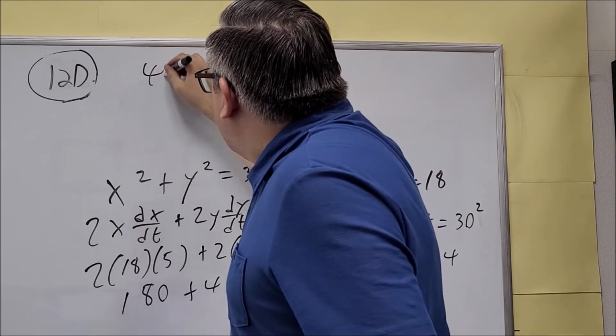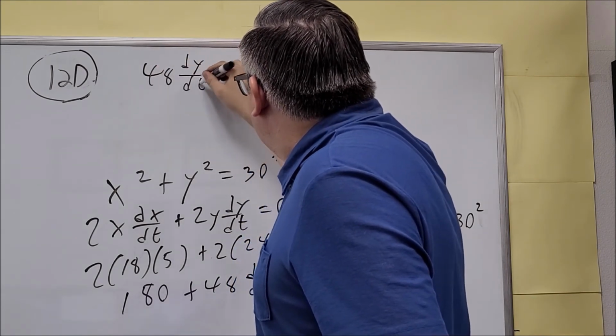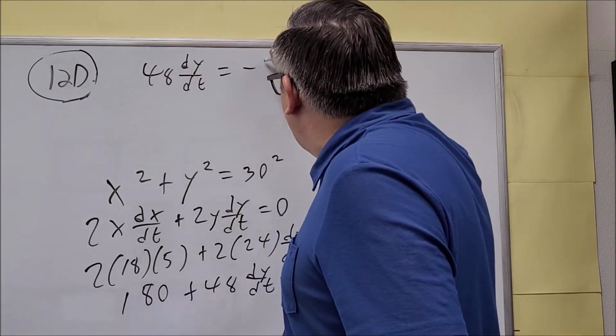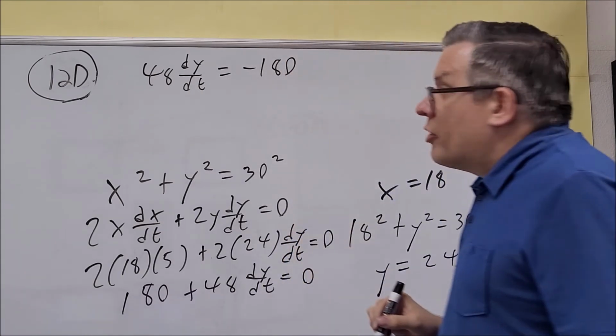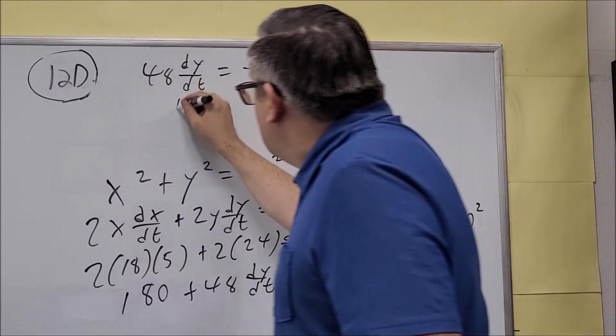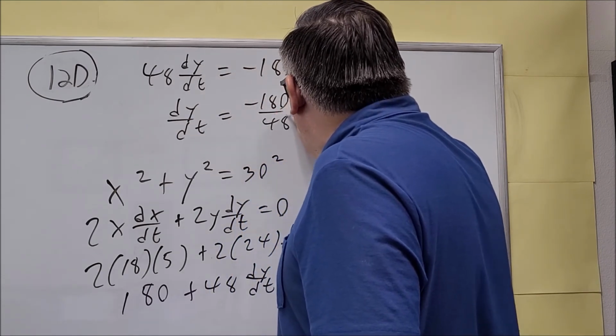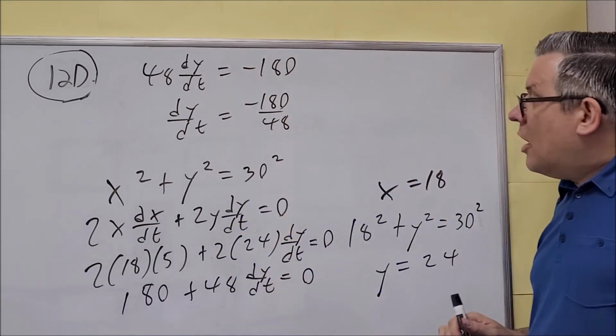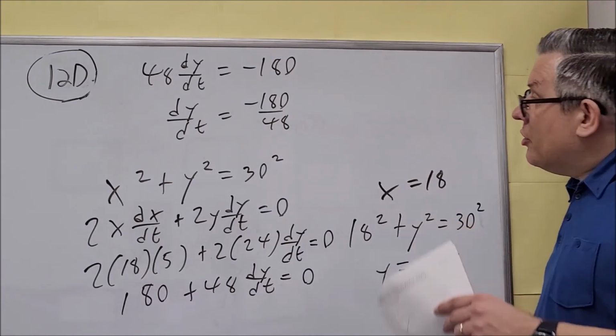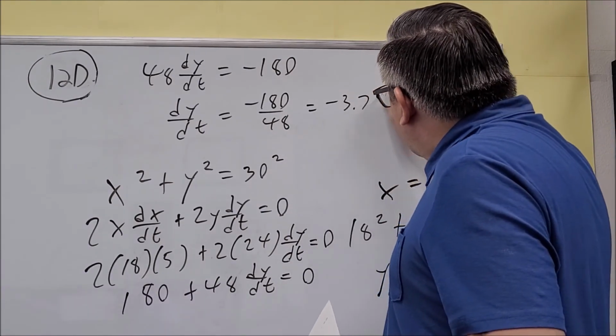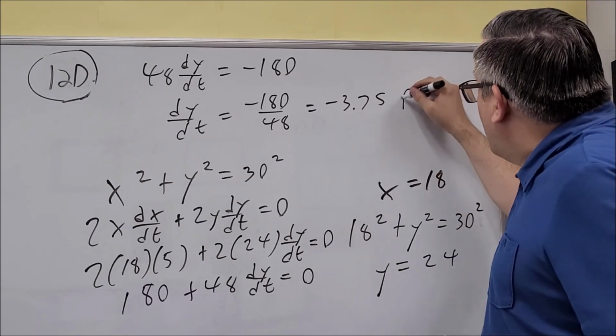We're going to do 48 dy/dt is equal to negative 180. Now we're going to divide both sides by 48, so dy/dt equals negative 180 divided by 48. As a fraction, you can reduce it, or if you turn it into a decimal, it's negative 3.75.